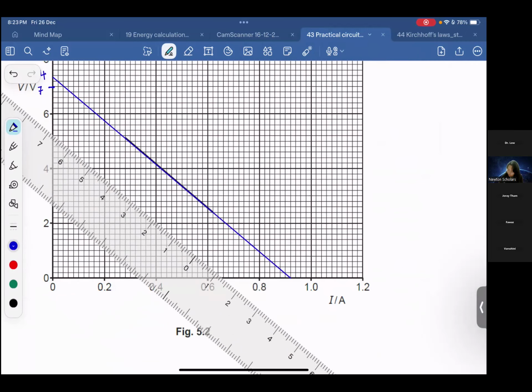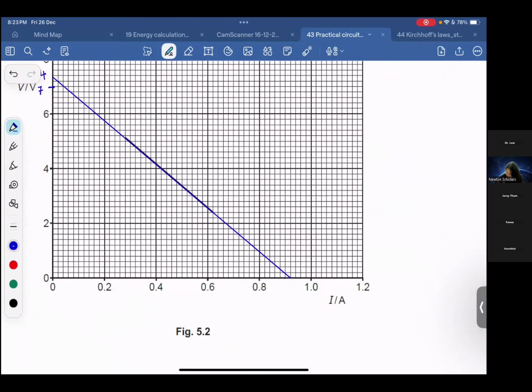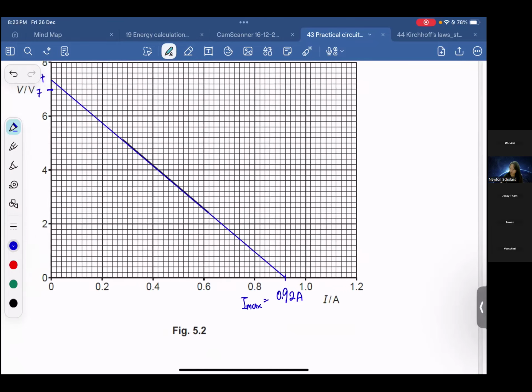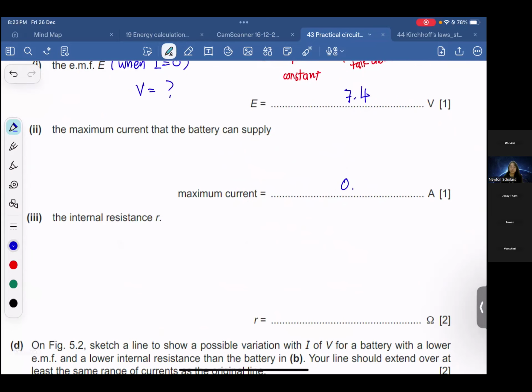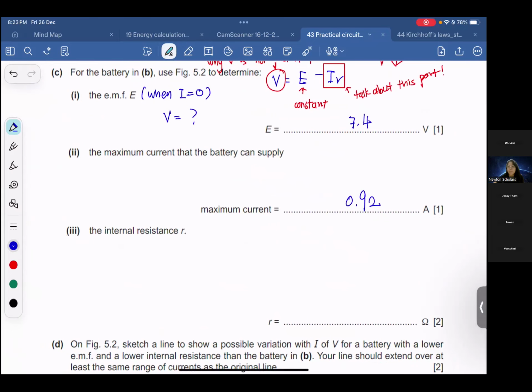Somewhere here. So this one should be 0.92 ampere. This is the maximum current, I max. So the answer here is 0.92 ampere. Fatima, maybe I drew wrongly and made you confused. You redraw the line. It should be 0.92, correct?